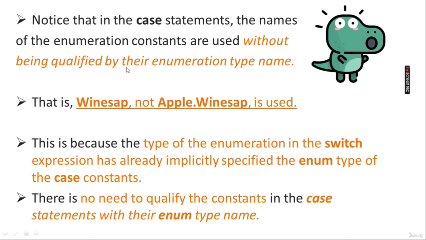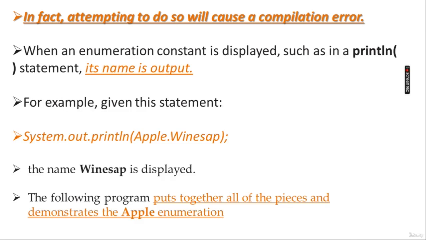This is because the type of enumeration in the switch expression has already implicitly specified the enum type of the case constants. There is no need to qualify the constants in the case statements with their enumeration type name. Attempting to do so will cause a compilation error, because the Java compiler already knows that AP is of type Apple.